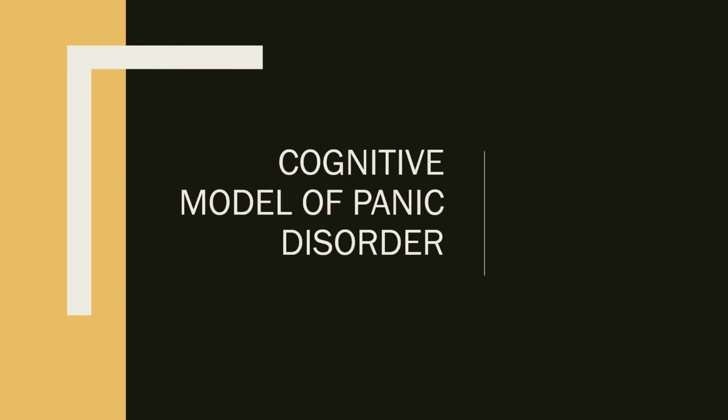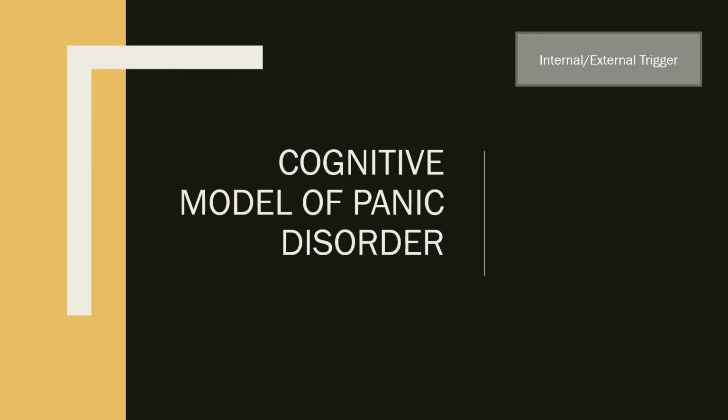So basically, when people are exposed to triggering situations, and as you remember, particularly for panic disorder, it's important that you recognize it's not always an external trigger, but sometimes inner sensations. Those internal triggers can be a triggering situation.